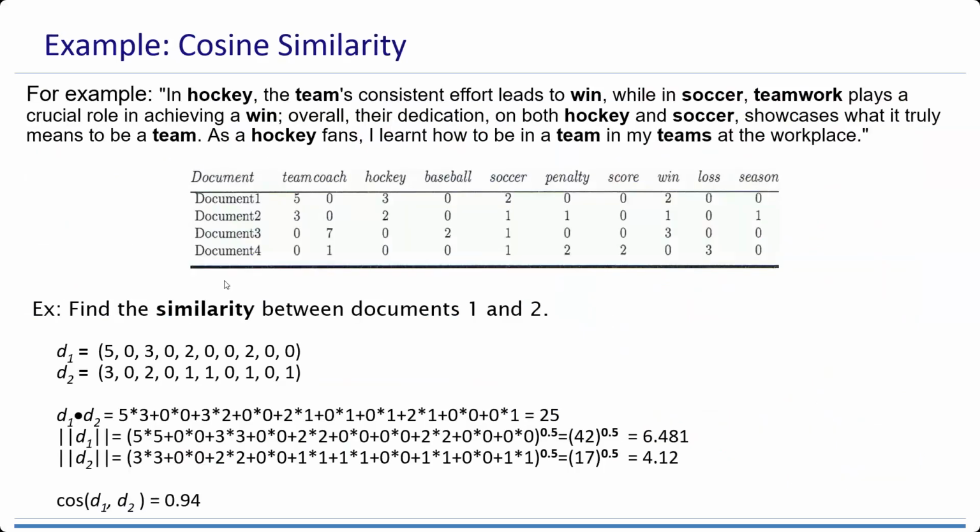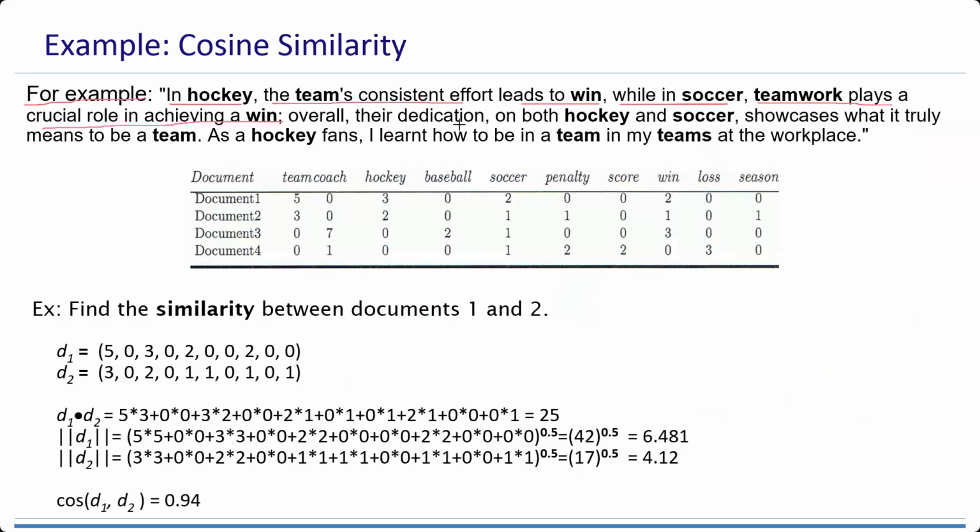So for example, this is a text document. After this meeting, I will explain about facts and NLP, the natural language processing. I have facts like this one. In hockey, the team's consistent effort leads to a win, while in soccer, teamwork plays a crucial role in achieving a win.